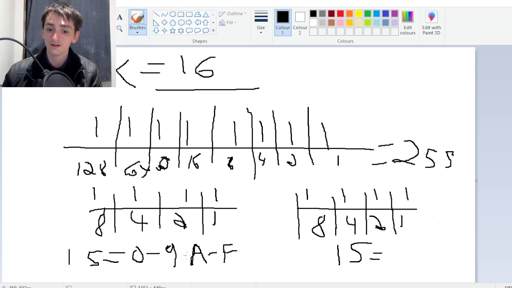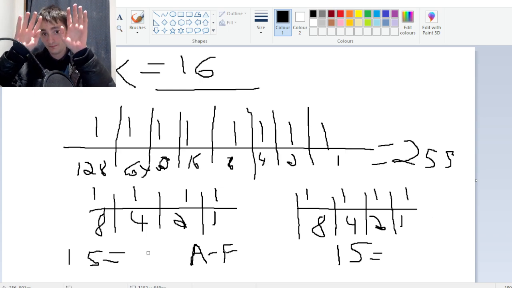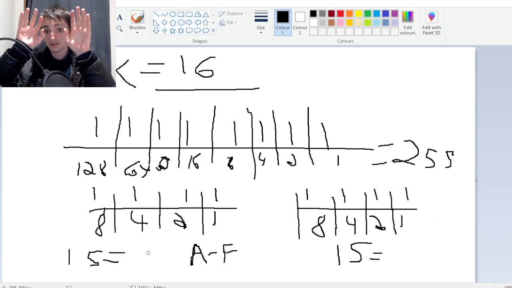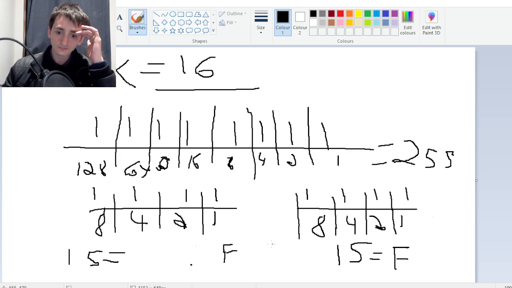But of course, we can't have 2 characters, so once we get past 9, we start using letters of the alphabet up to F. And that becomes F. On this side, it would be F as well, meaning our hex value would be FF.